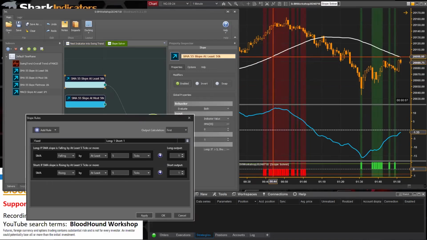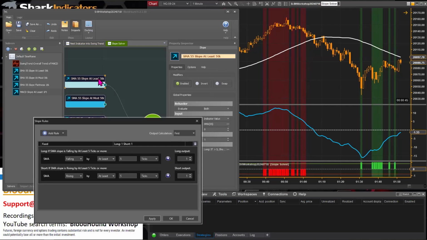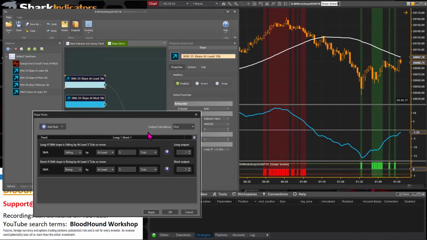One of the things I hear from time to time is that when building a counter trend signal, people are looking for a moving average to hit a certain steepness. Remember, this is using at least 5 ticks of steepness, so this is looking for extreme moves in the SMA.